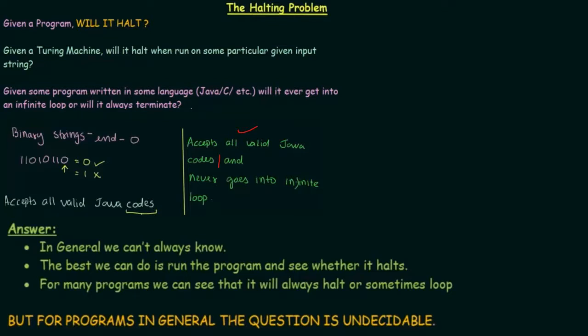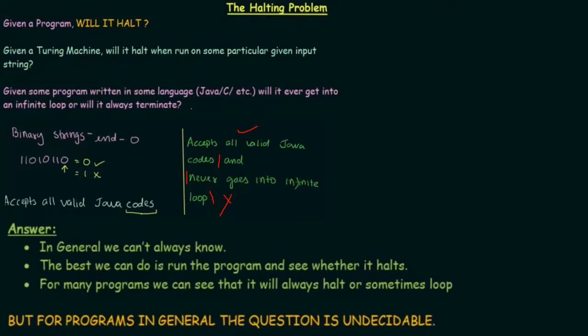But never goes into an infinite loop? No, it is not possible. It is never possible because if you don't enter the infinite loop, you'll never know, and once you enter the infinite loop, you'll never come out. So that is the backbone of the halting problem.